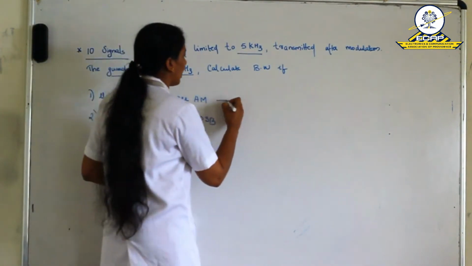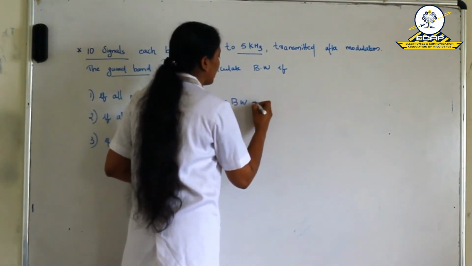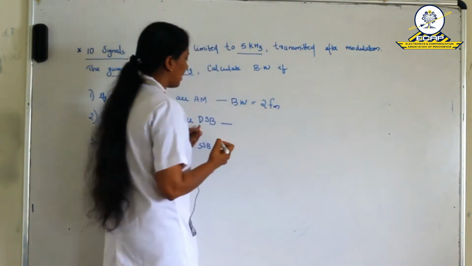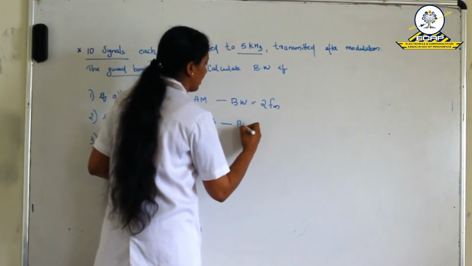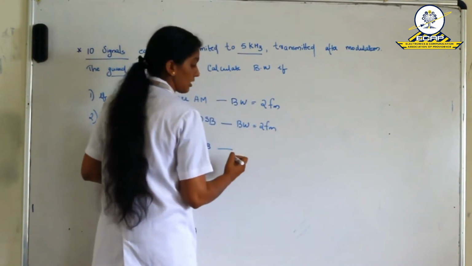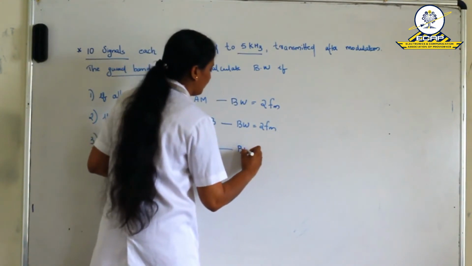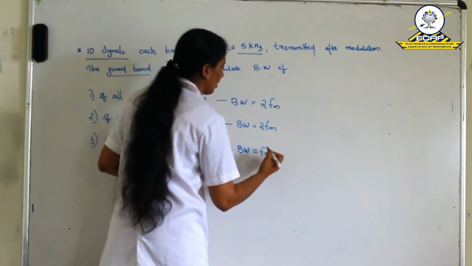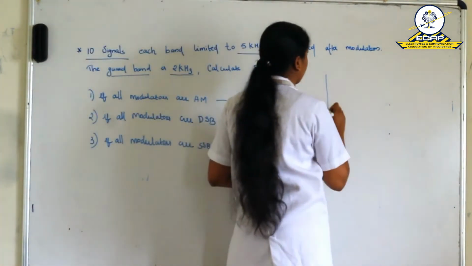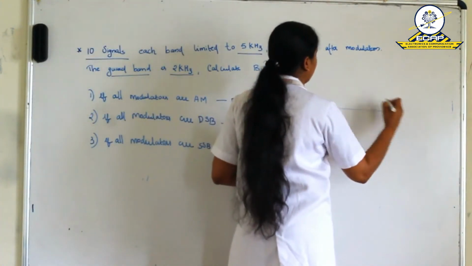The bandwidth of an AM modulator, we know, is 2 fm. The bandwidth of DSB is also the same as AM, that is 2 fm. The bandwidth of SSB is fm. Let's consider this diagram.